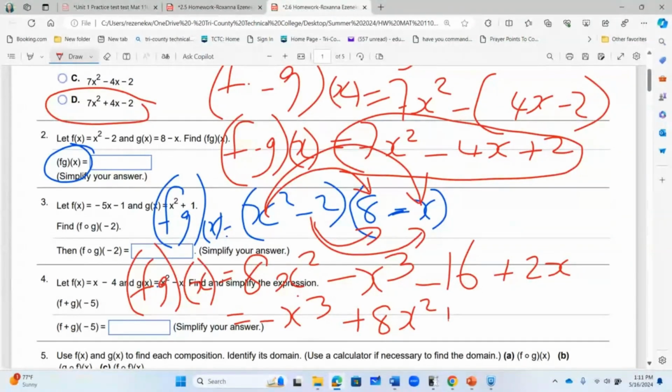And then the linear term is 2x. The constant term is negative 16. Therefore, f multiply g of x is a cubic polynomial.